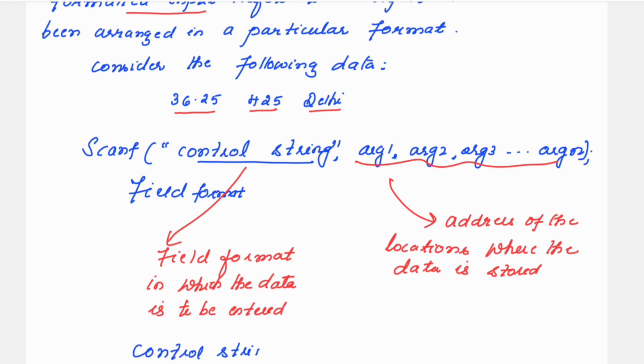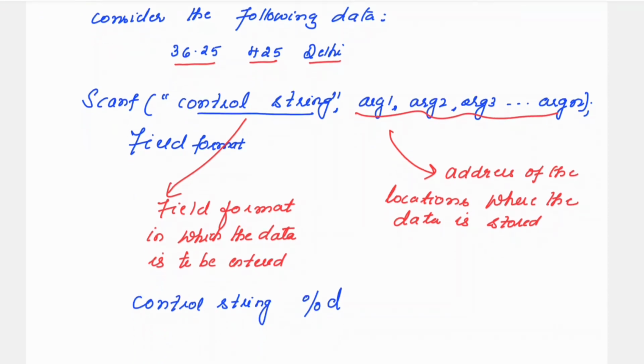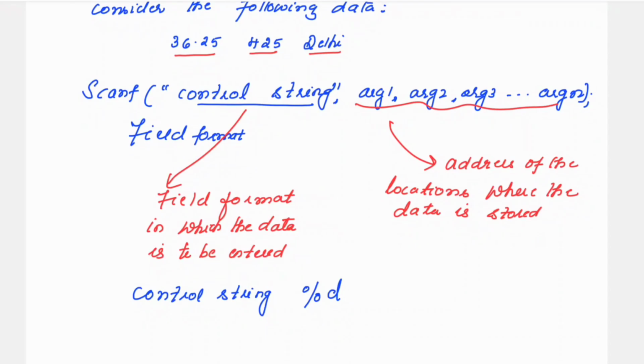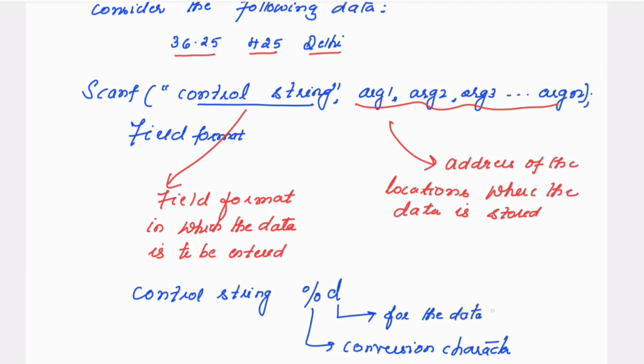Actually, the control string consists of two characters: one is percentage and another is a letter like d. What do these two mean? The percentage is the conversion character and d is for the data type. If you are giving input values for integers, you use d; for floating, f; for character, c; for string, s; and so on.